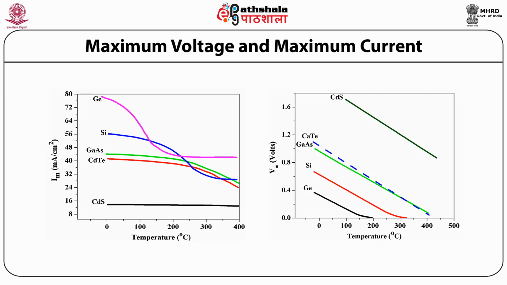For silicon, VOC decreases by about 0.4% per degree Celsius rise in temperature, and the power output decreases by 0.4 to 0.5% per degree Celsius.